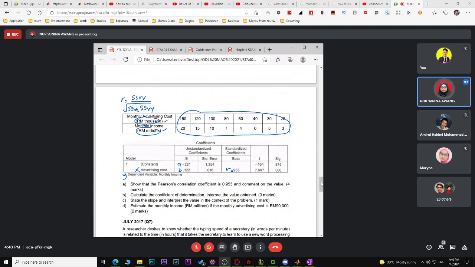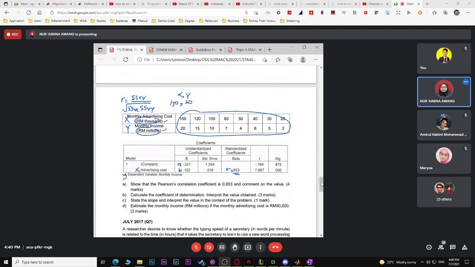Okay, make sure you masukkan advertising cost dulu baru you punya monthly income. Okay, bila you substitute dalam calculator you masukkan X dulu baru Y. Okay, so nanti you akan dapatlah nilai yang sama. And then comment on the value since you know that for correlation coefficient you need to explain on the strength and also the direction.